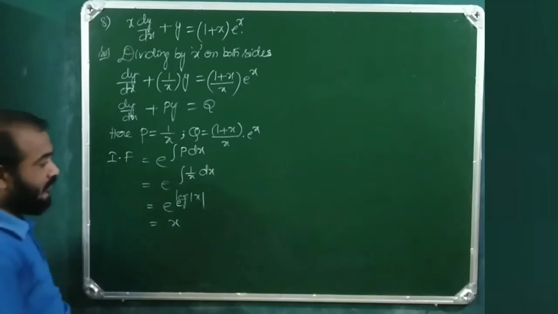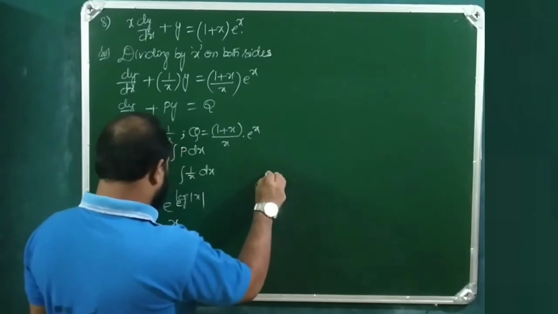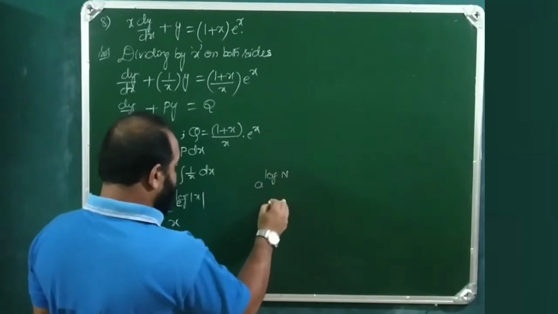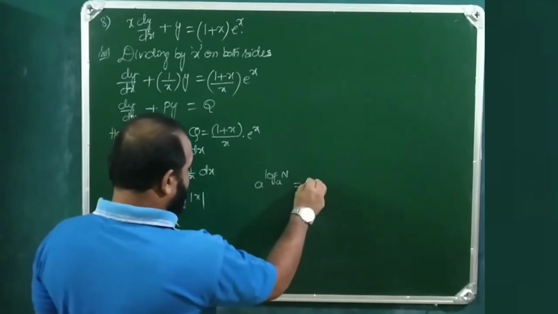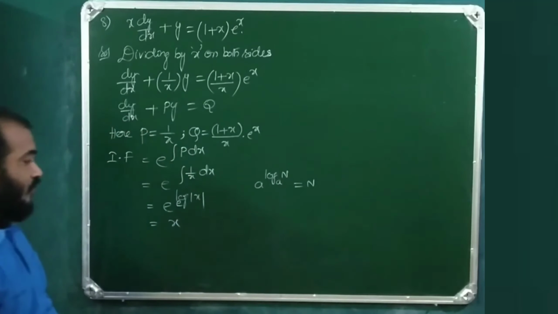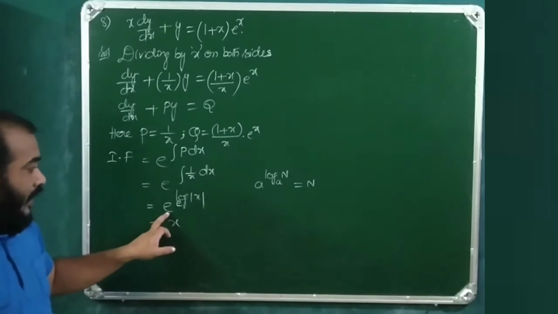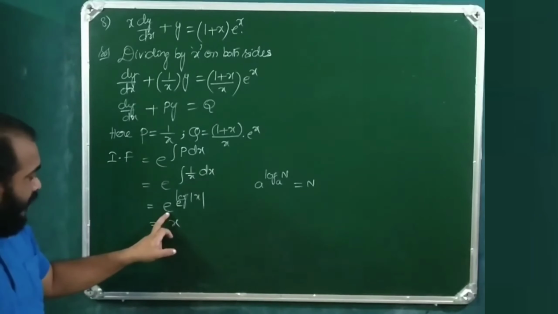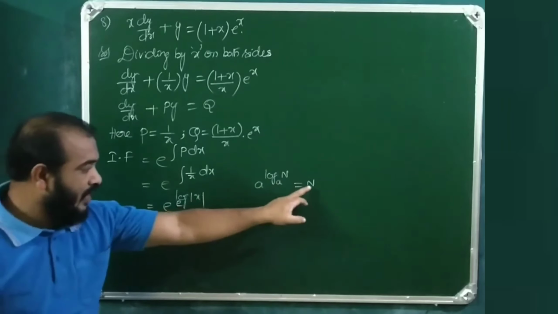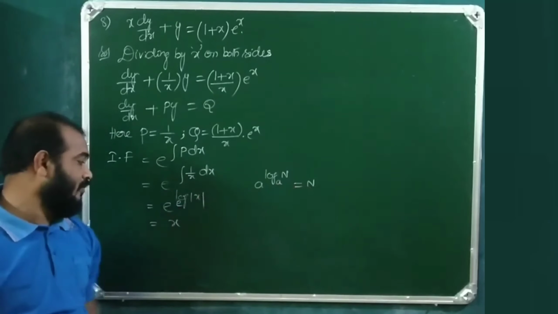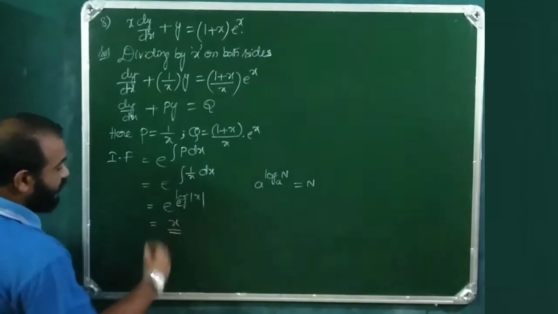That means a power log n to the base a equals n, according to the logarithmic property. So this is x, which we got.